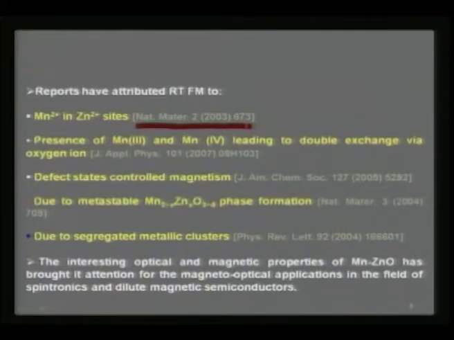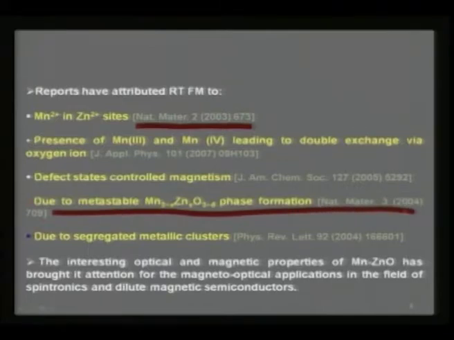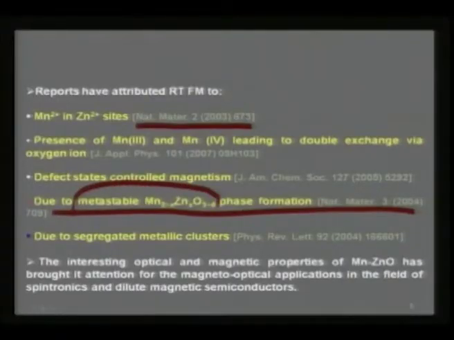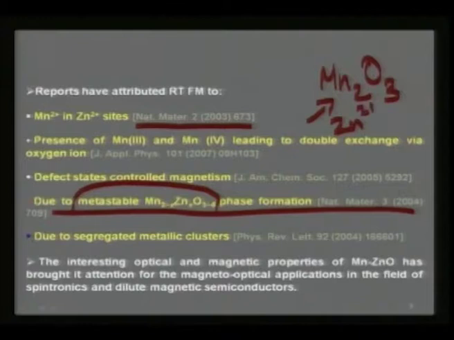And soon there was a report saying that the observed magnetism is not coming from manganese substituted in ZnO, but is due to a metastable phase such as Mn2-xZnxO3-δ. This is nothing but Mn2O3 seemingly substituted with Zn2+.